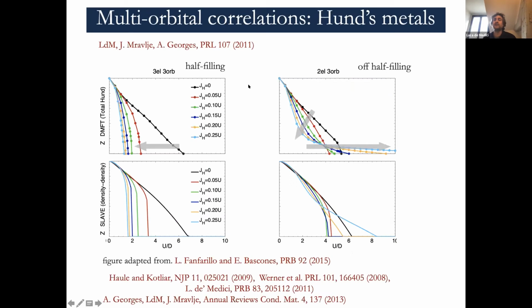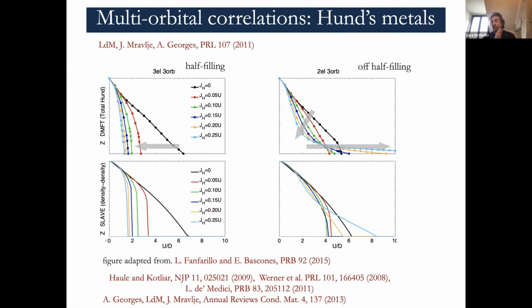And this was for half filling. Now, imagine that you go out of half filling, it's even more complicated. And in fact, even if, as we saw, the Hund's coupling generally correlates and reduces the quasi-particle weights, it also pushes away the Mott transition out of half filling, so that you actually tend to have, for the quasi-particle weight, quite long plateaus in which you have strong correlations, but far from the Mott insulator.